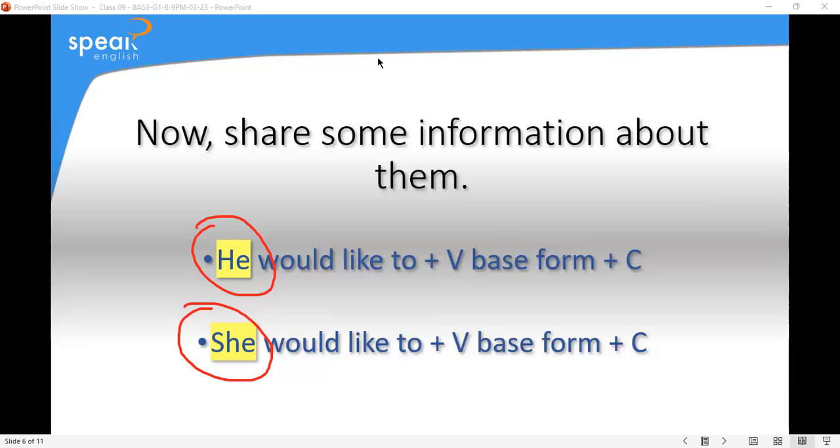Can you give me an example of someone else, please? She would like to... I don't understand it. The base form, the verb. That is the verb.